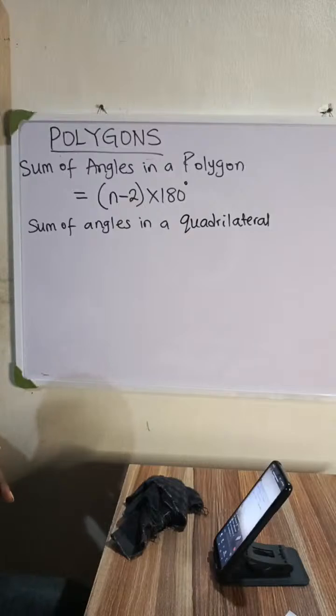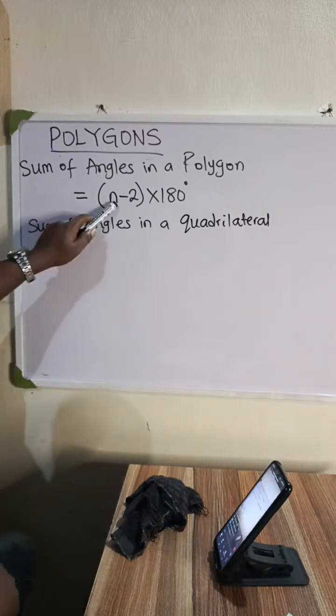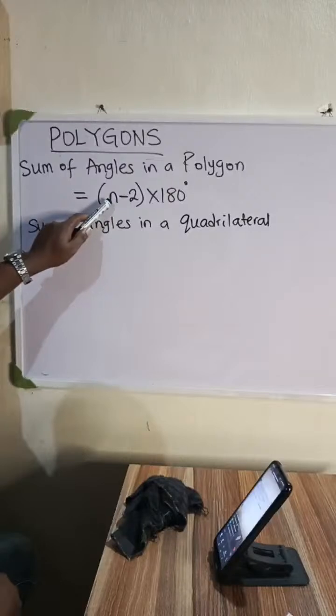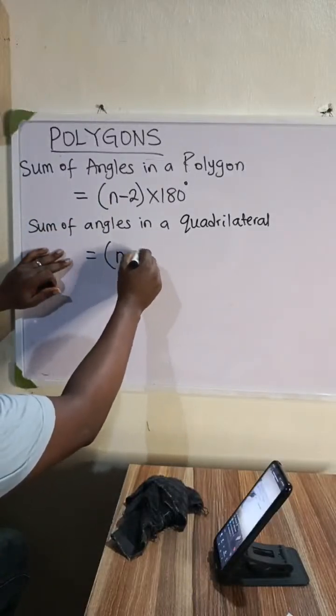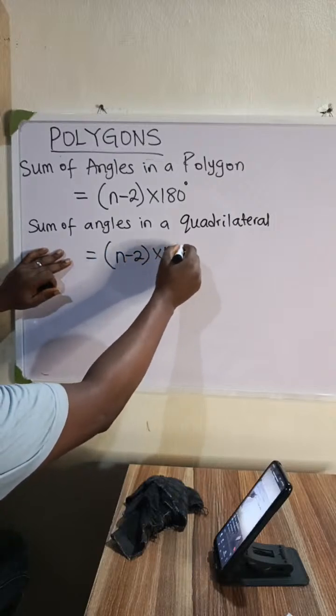Okay, so the number of sides of a quadrilateral is 4. So we know that our n is equal to 4. For a quadrilateral, we're going to have n minus 2 times 180 degrees.